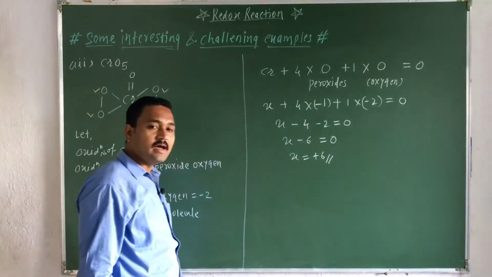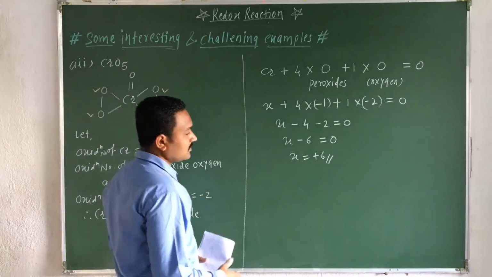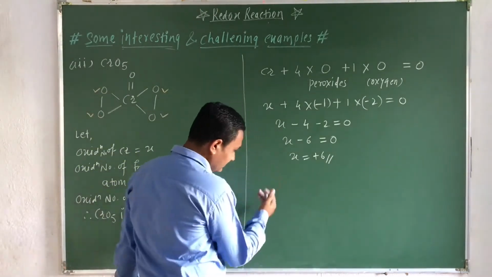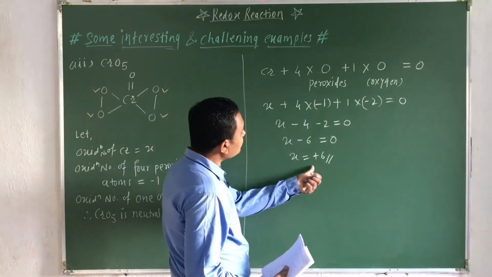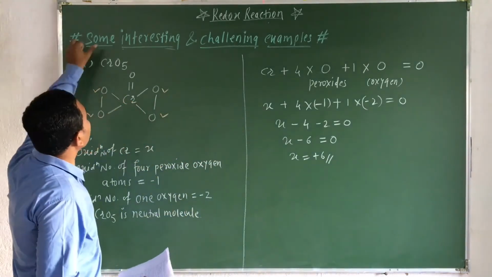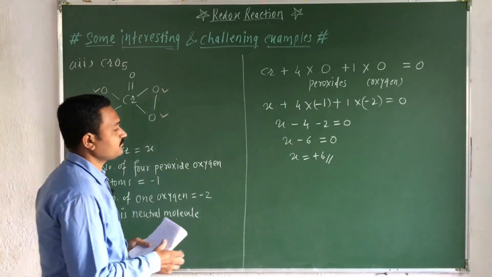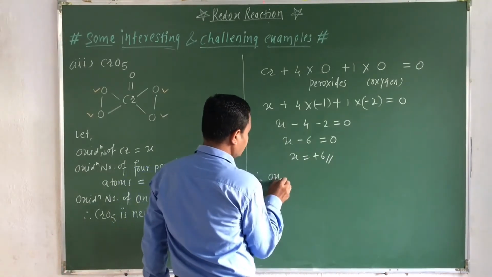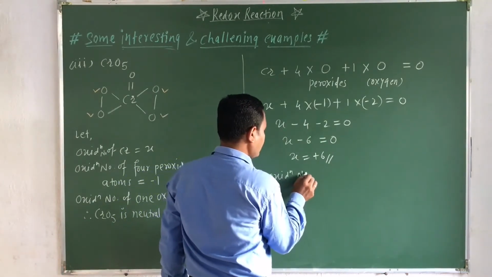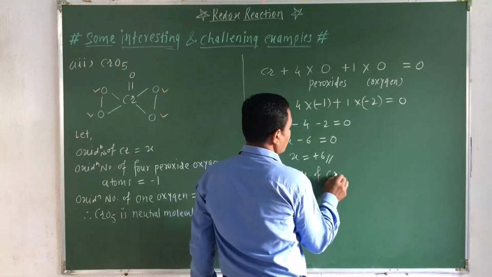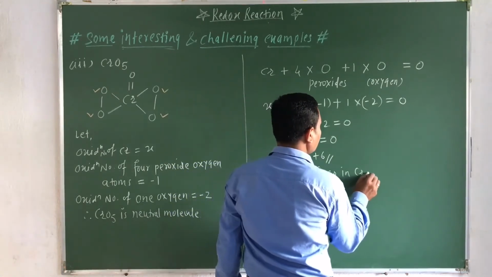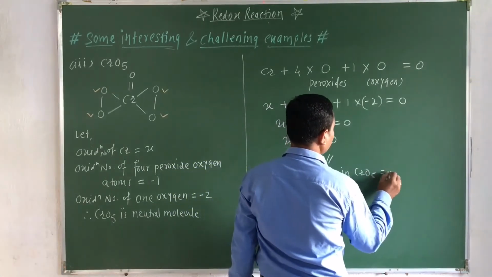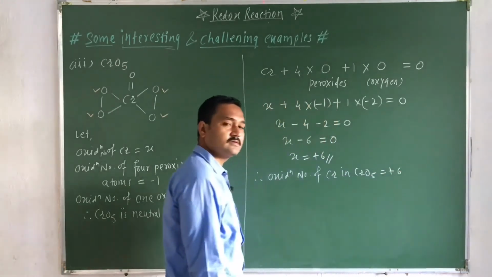So that is our answer. Now again just write down this statement and tally your answer with this particular example. So here we can write the oxidation number of chromium in CrO5 will be equal to plus 6.